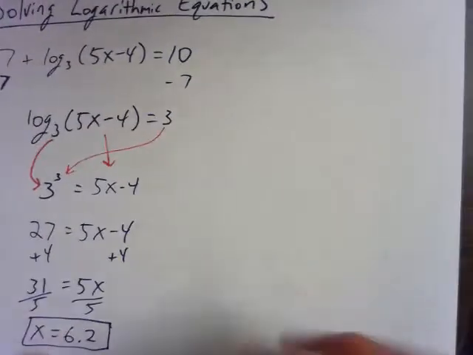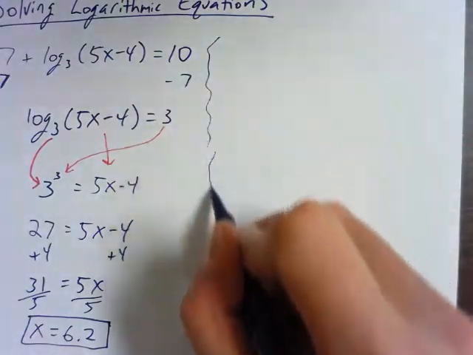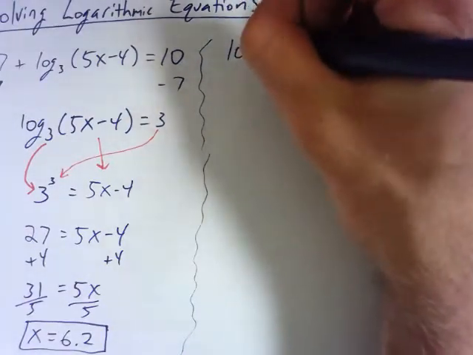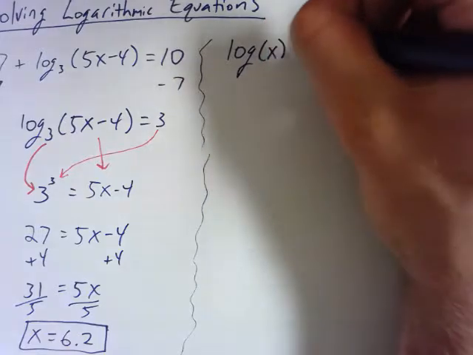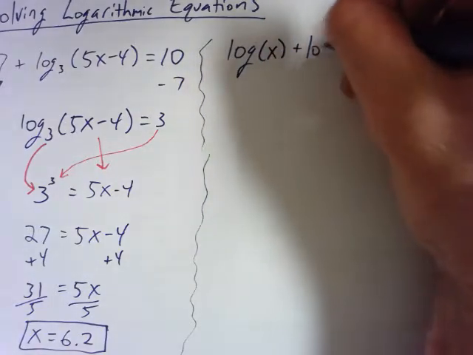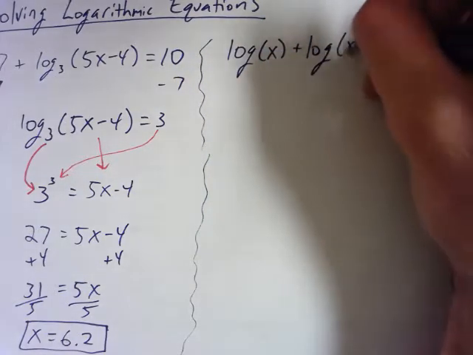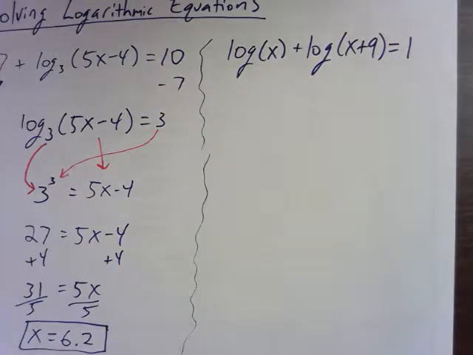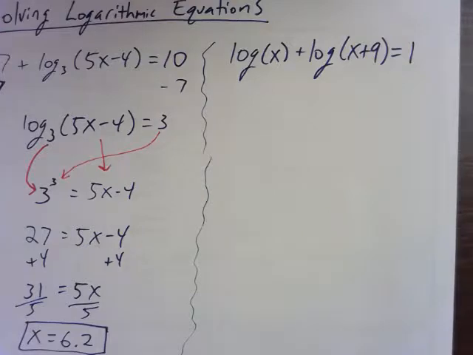Let's try one more. This one's going to be a little bit more difficult. Not too much. All right, let's say log of x plus log of x plus 9 equals 1. Now, in this case, we're going to have to remember our properties of logarithms.